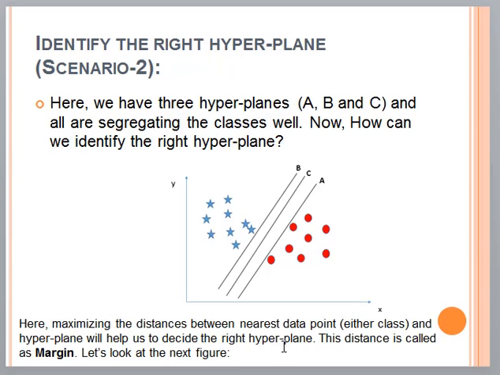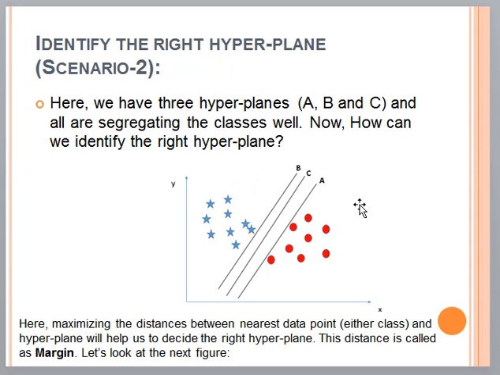So on the basis of the distance of the instance from the hyperplane, we can decide the right hyperplane. And this distance, between the data point and the hyperplane, is known as margin, as I explained before.